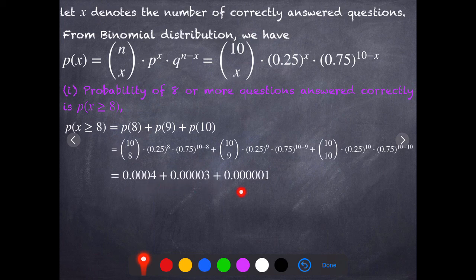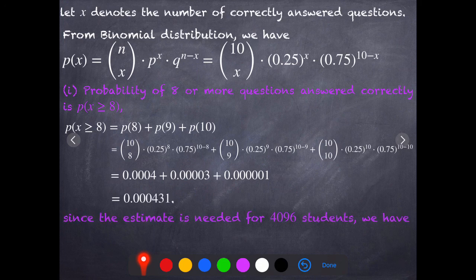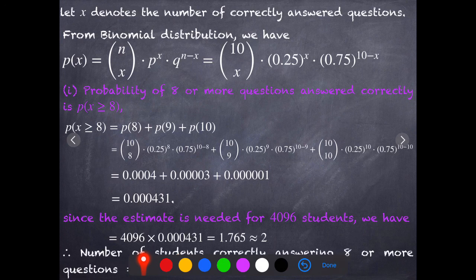We'll arrive at these three values, add all the values, and now I require the estimation for 4096 students. So I'll multiply the obtained answer by 4096. I will get 1.765. And since I am estimating the number of students, we must approximate this one. So approximately we will get 2 students. Therefore, the number of students answering 8 or more questions correctly is 2.